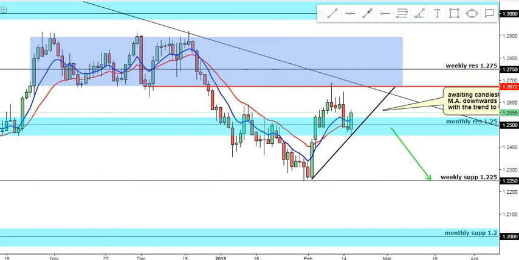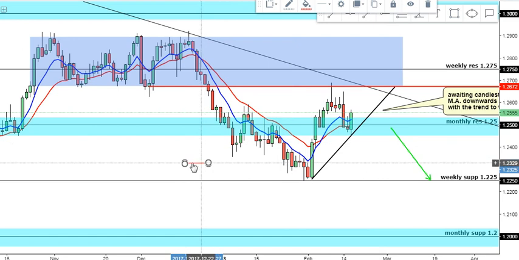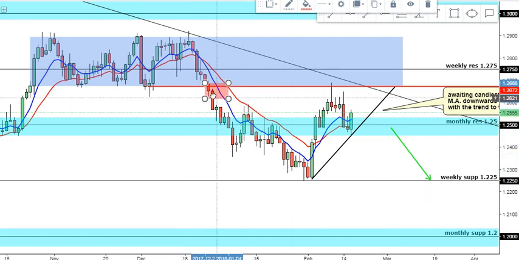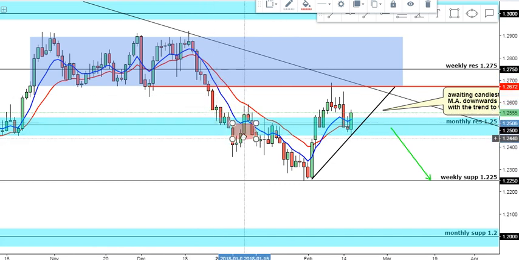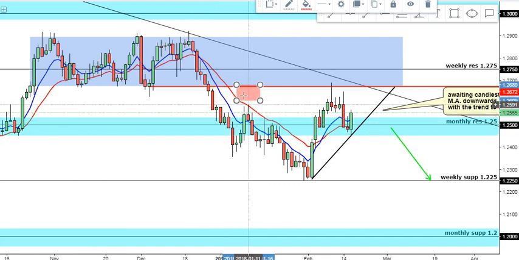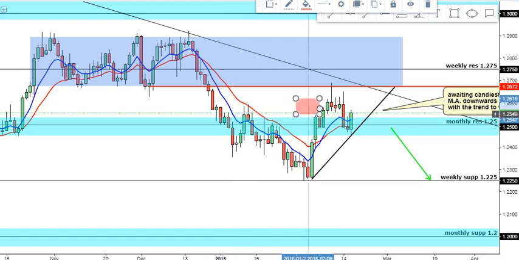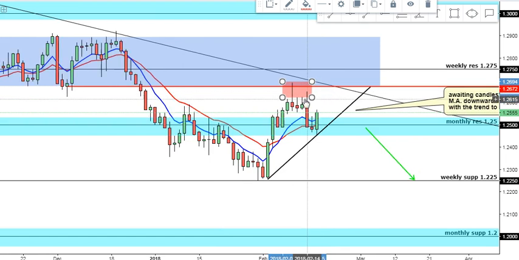Because you can see here, if I just take this red rectangle, it broke through and did not retest it. So at some point it had to come back to retest it, and it did. Indeed, it retested it a few days ago.